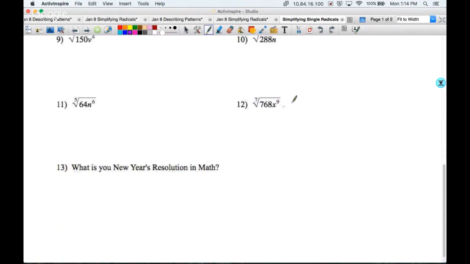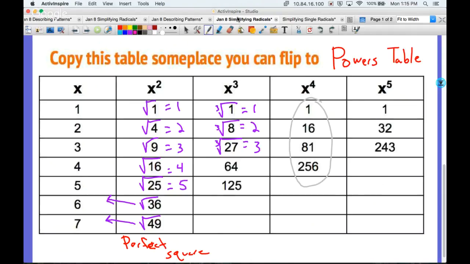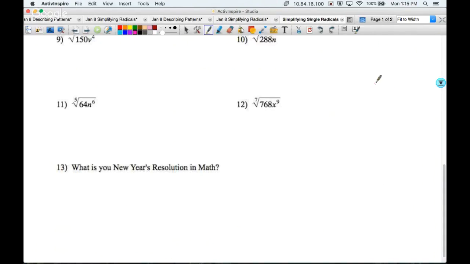Let's do this one here, because we got something to the power, or a seventh root. We don't even have a column for x to the seventh here. So what we're going to do is we're going to quickly make an x to the seventh column. 1 to the seventh is 1.